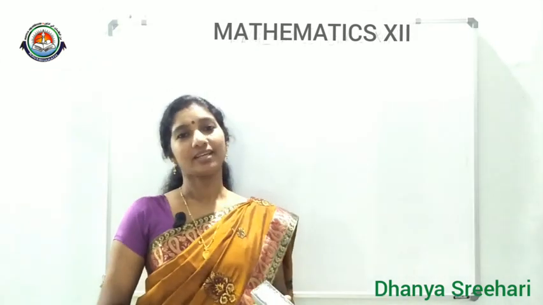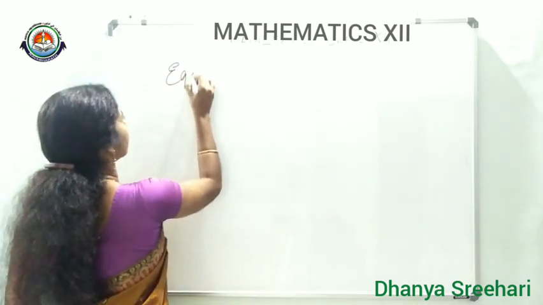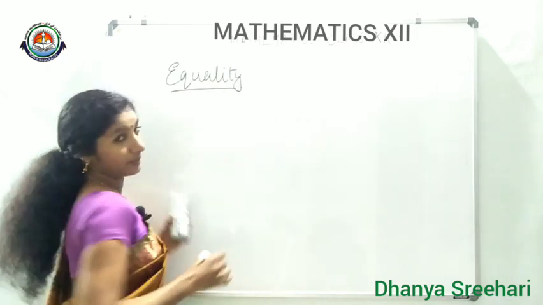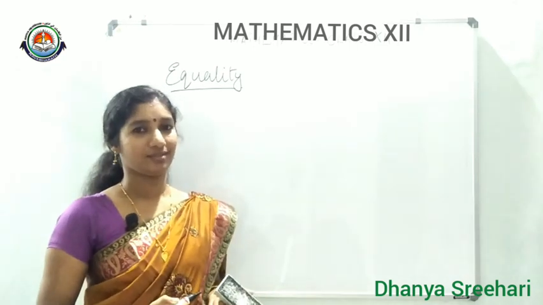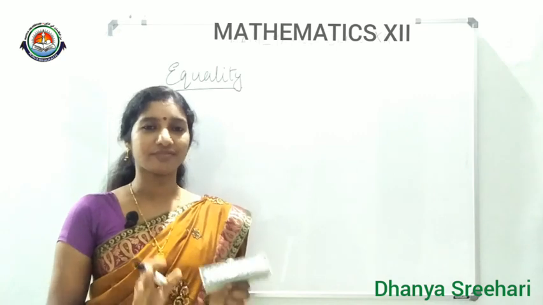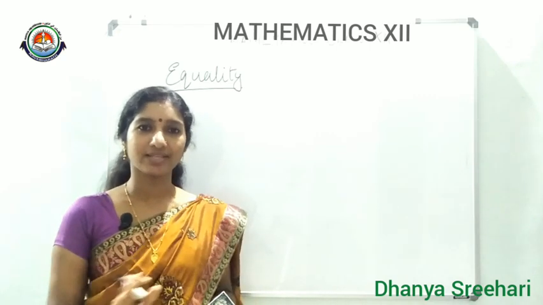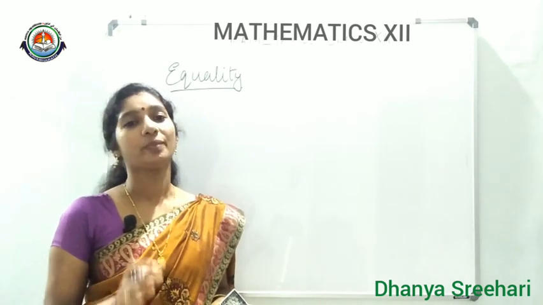The next is equality of matrices. When will we say two matrices are equal? To say two matrices are equal, first their order must be the same. Two matrices having the same order, plus their corresponding elements should be equal.